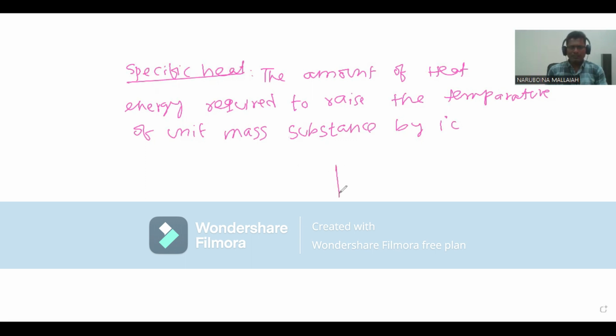I am making it clear. Suppose water is present in this beaker. Its initial temperature is 20 degrees centigrade. Now we heat it. Its temperature is now 21 degrees centigrade. Certain heat is supplied to this water.